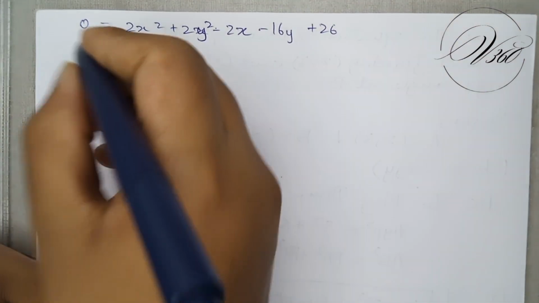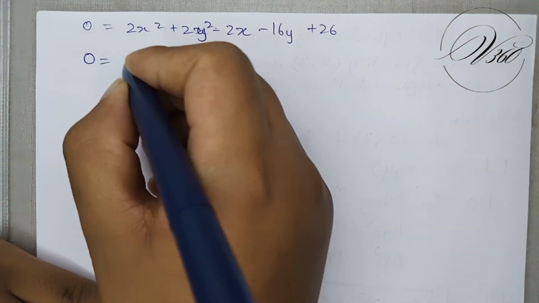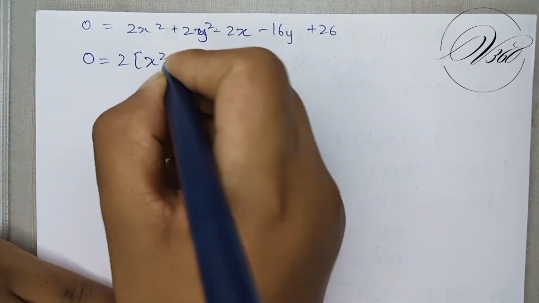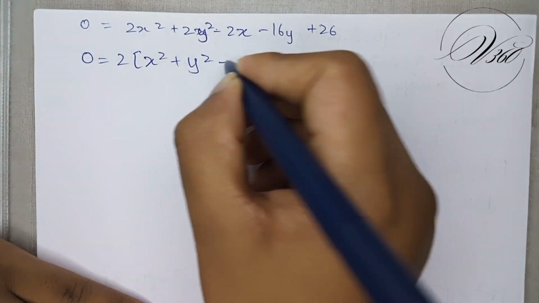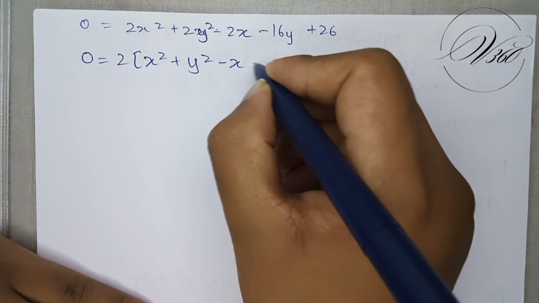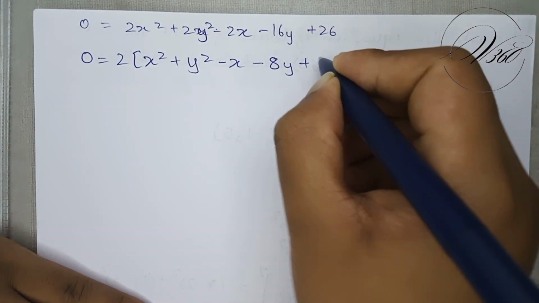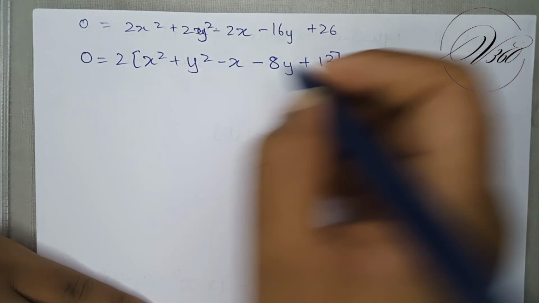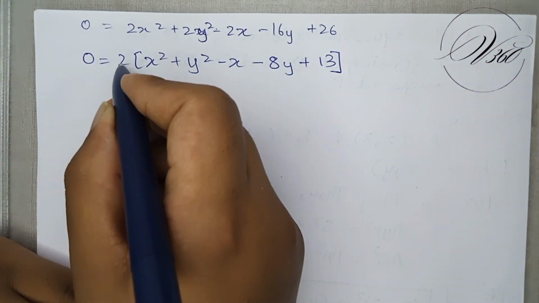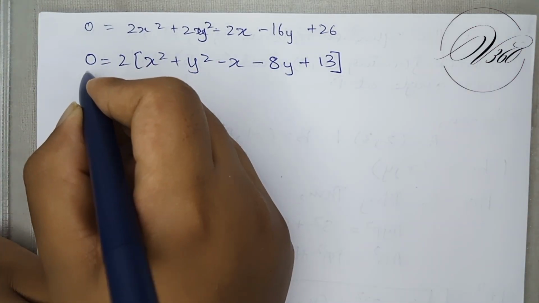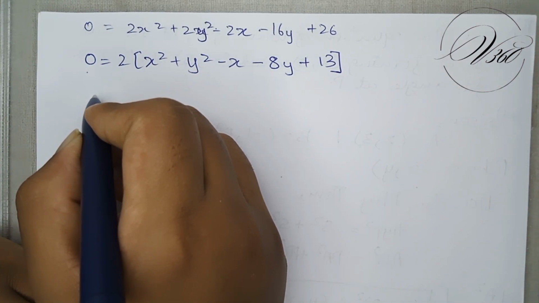Now here if we take common, 0 is equal to 2 of x square plus y square minus x minus 8y plus 13. Now if we take 2 and transfer it here, we will get 0 again.